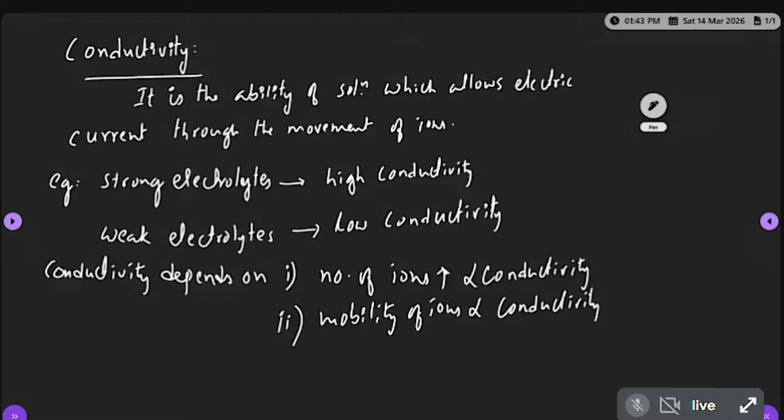Now come to the strong electrolytes, which have the maximum number of ions. What is the meaning of strong electrolyte? What are weak electrolytes? How can you define them? If an electrolyte gives the maximum number of ions, for example HCl, it is a strong electrolyte.